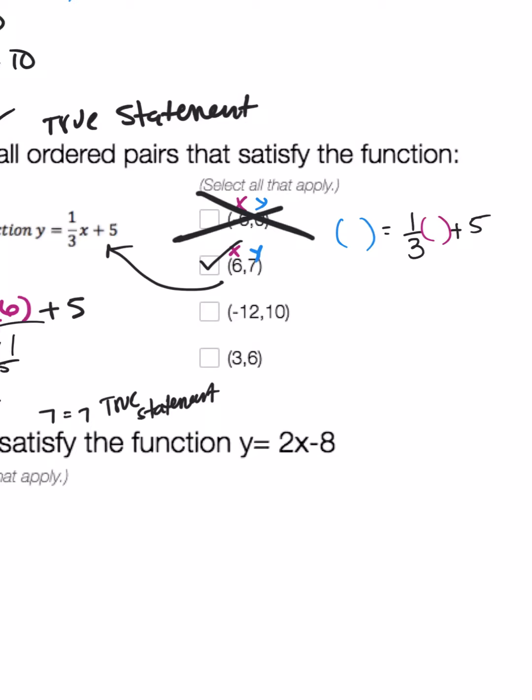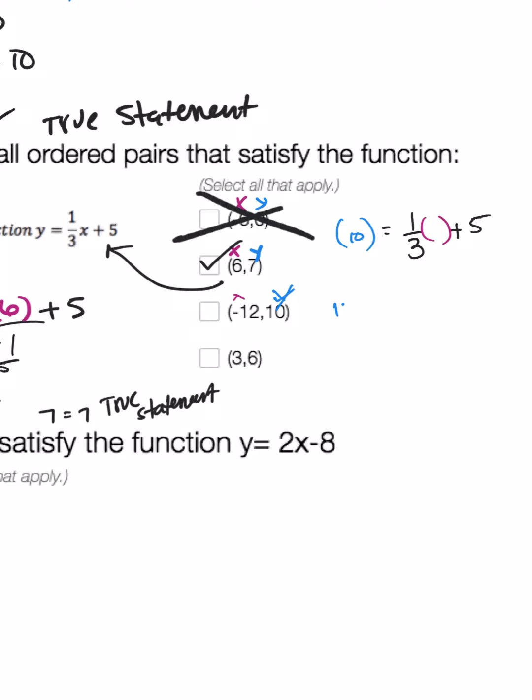Alright, clean it up. 7 equals, what's 1 times 6? 6. What's 3 times 1? 3 plus 5. 7 equals 2 plus... Oh, I did that same one again, guys. Wrong numbers. Y and x. There we go.